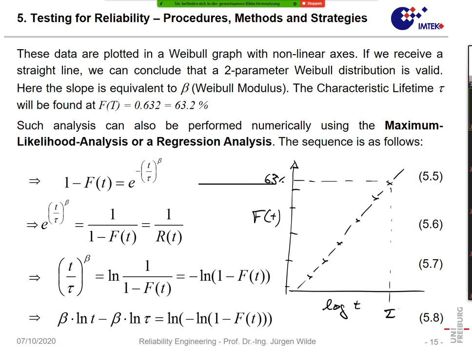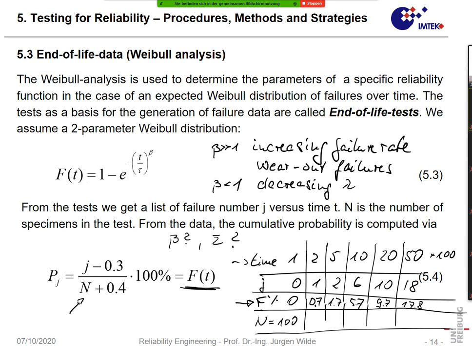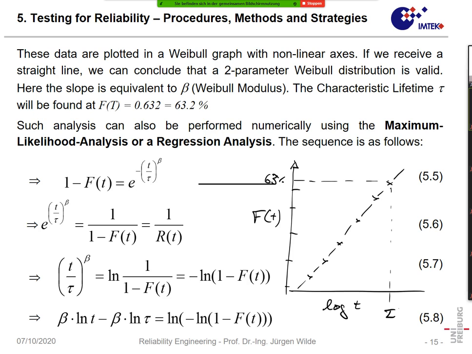If we take this Weibull function here and we put 1 to the other side, we can say 1 minus F of t is e to the power of minus (t divided by tau) to the power of beta. And when we take that, now we take away the minus, we can say e to the power of (t divided by tau) to the power of beta is 1 divided by (1 minus F of t), or 1 divided by R of t.